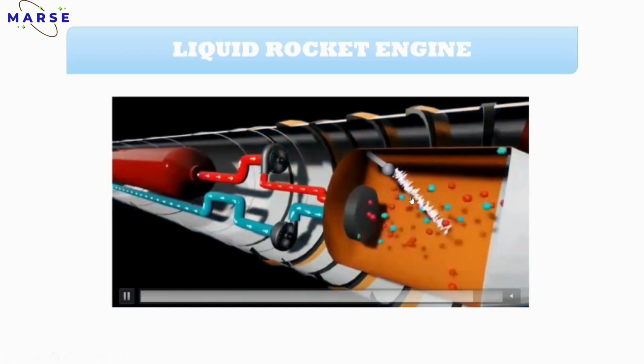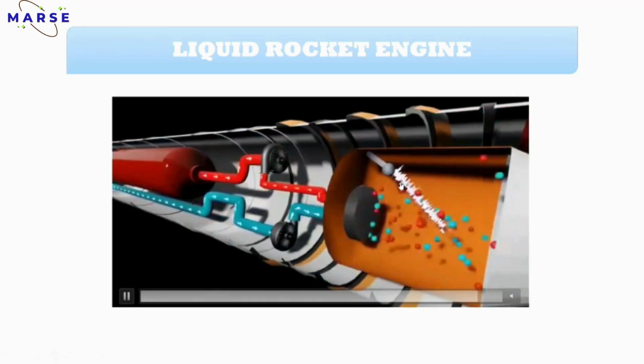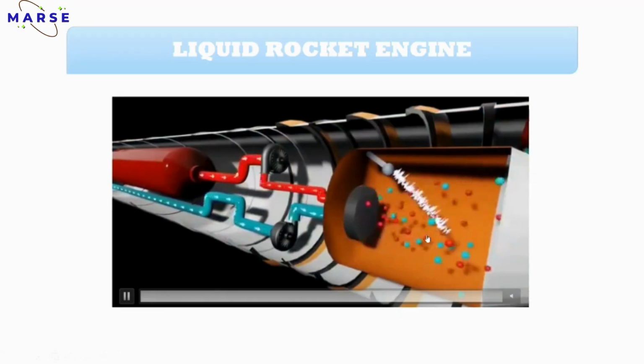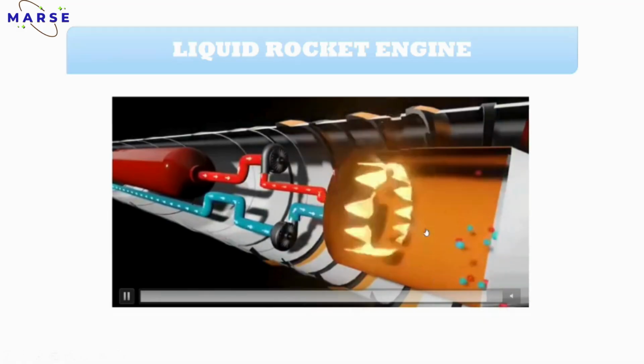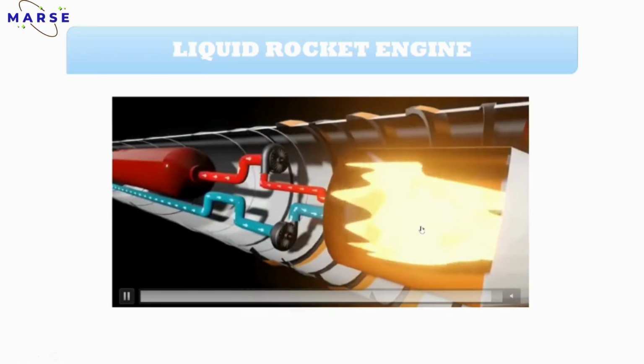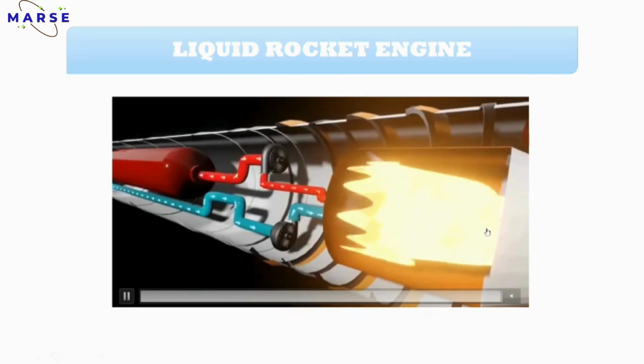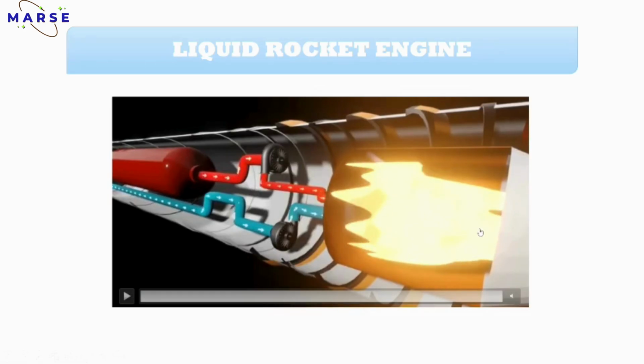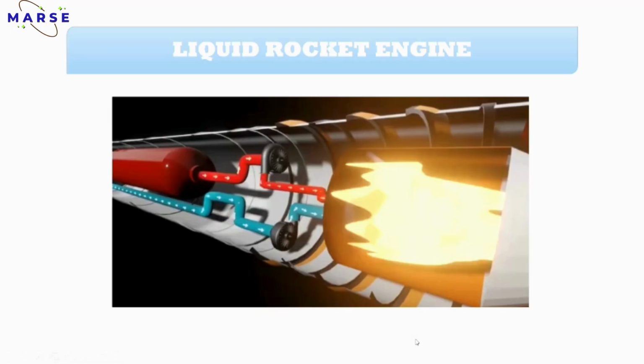The next one is the igniter, which generates a spark. That's why the combustion or burning process starts. After that, the flame comes out of the nozzle part and that generates thrust. Understood, guys? This is the basic mechanism behind it.